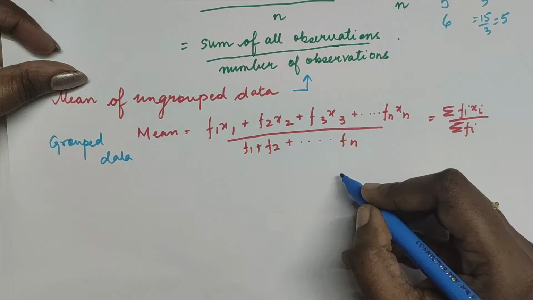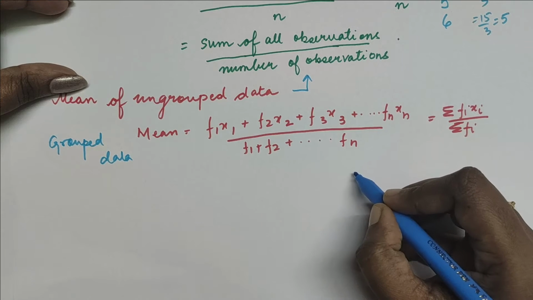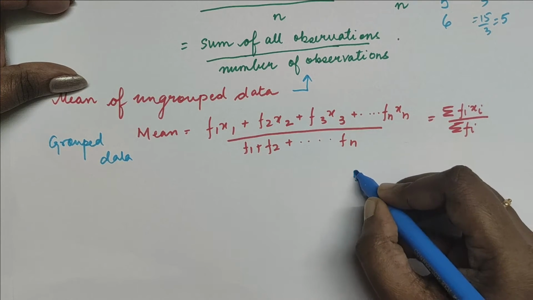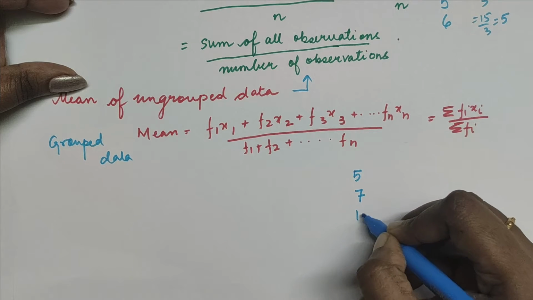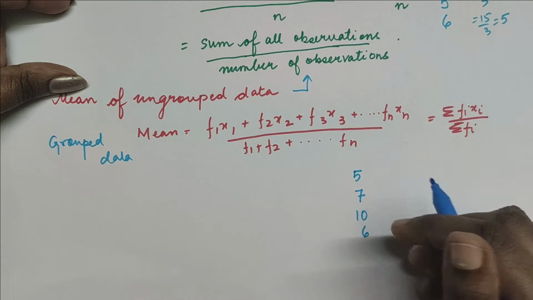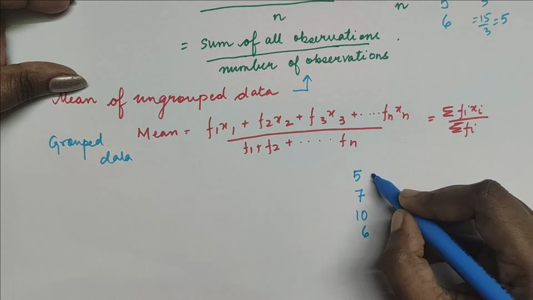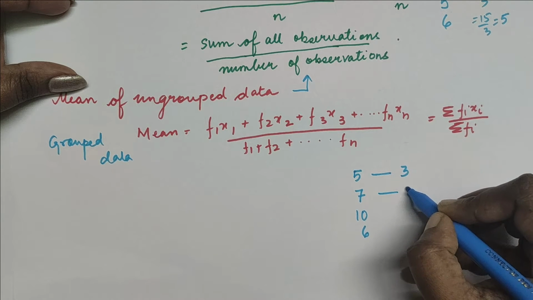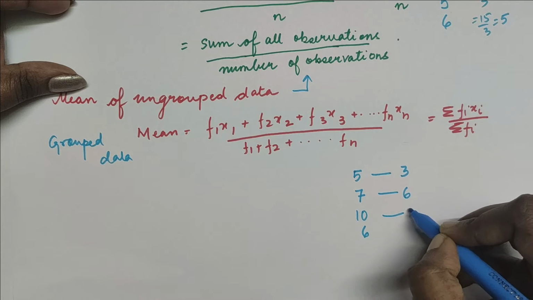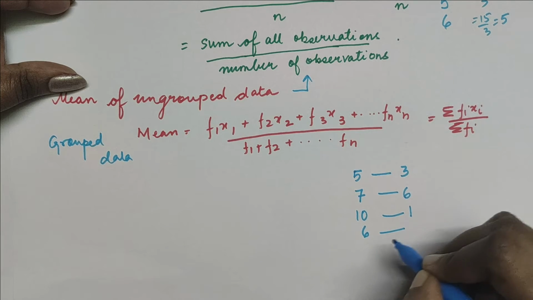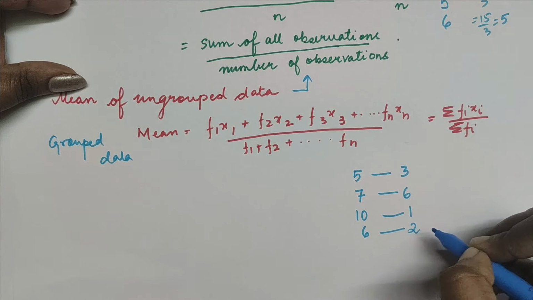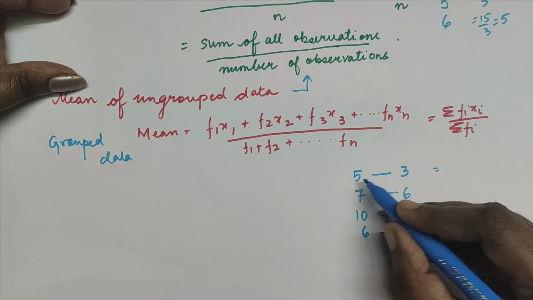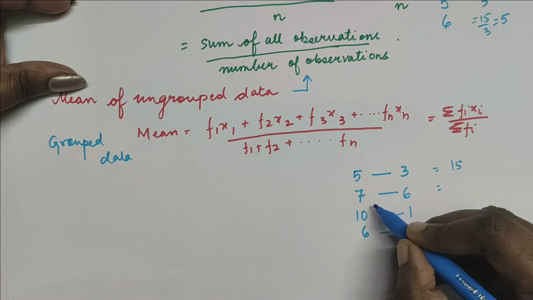For example, if I say that the score for the test, out of 10 children have scored 5, 7, 10, 6. This is the average score the children have done, and 5 marks have been scored by 3 children, 7 marks by 6 children, 10 marks by 1 student and 6 marks by 2 students. So you can say that fx is the multiplication value of 5 into 3, 7 into 6.